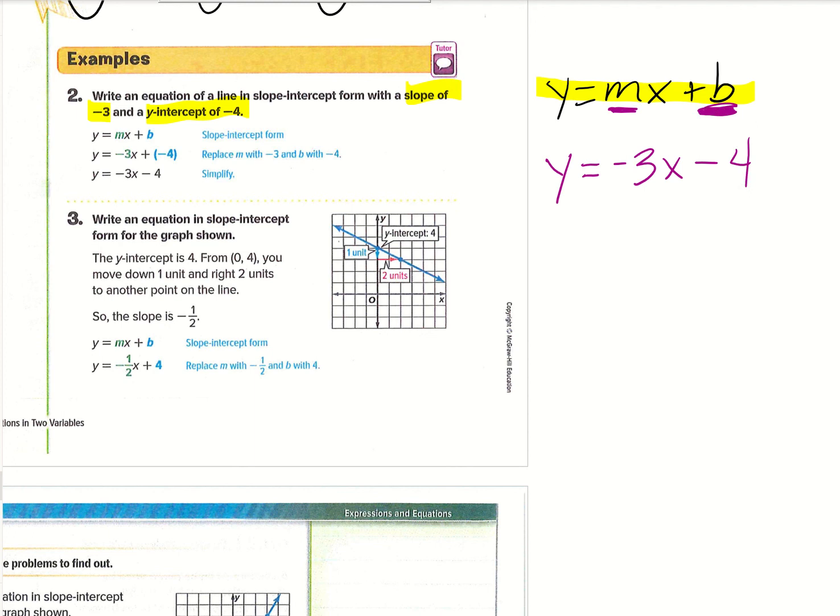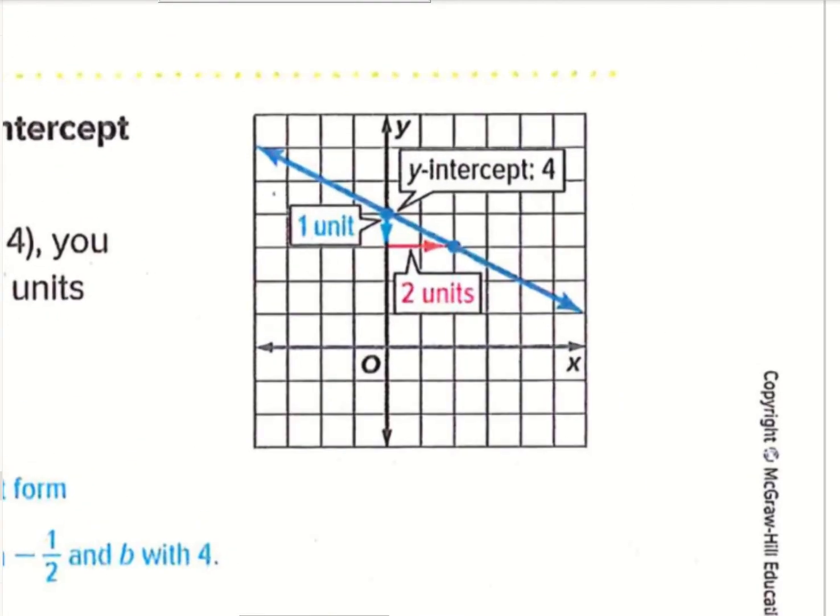Now, one thing I do want you to notice here is that y and x, whenever you're writing an equation, those two don't change. Those stay as y and x. And the reason for that is you want to be able to graph it like we have here in number 3. You want to be able to graph that whole line, and you don't want to be confined to just one x value.